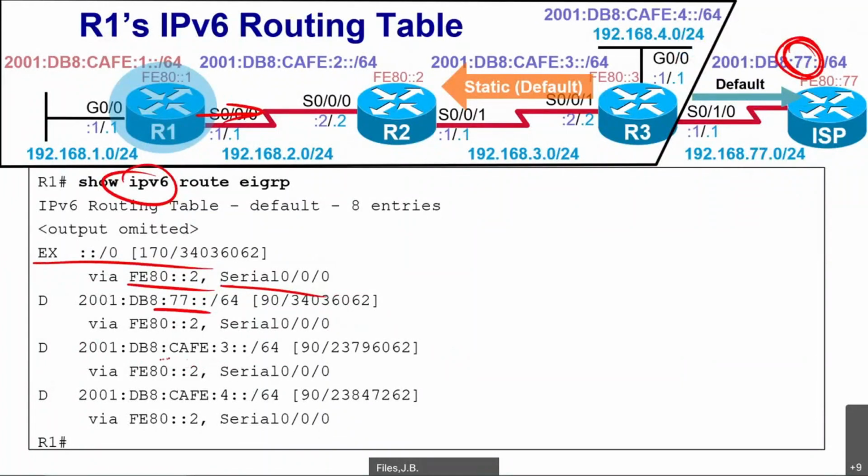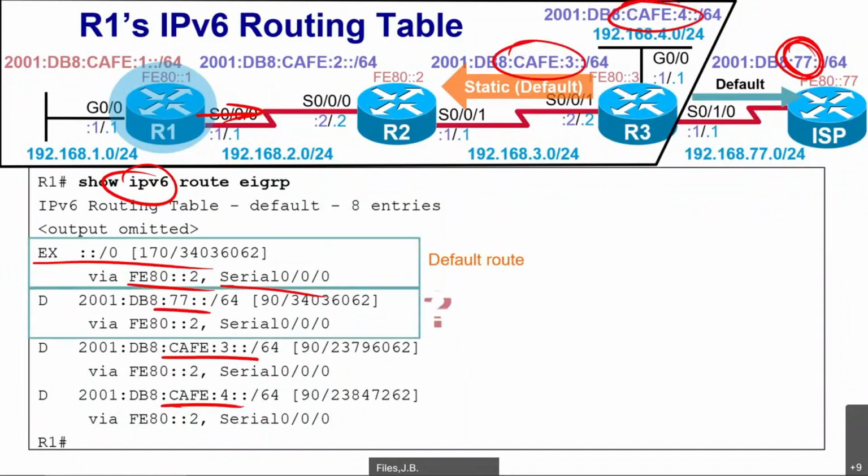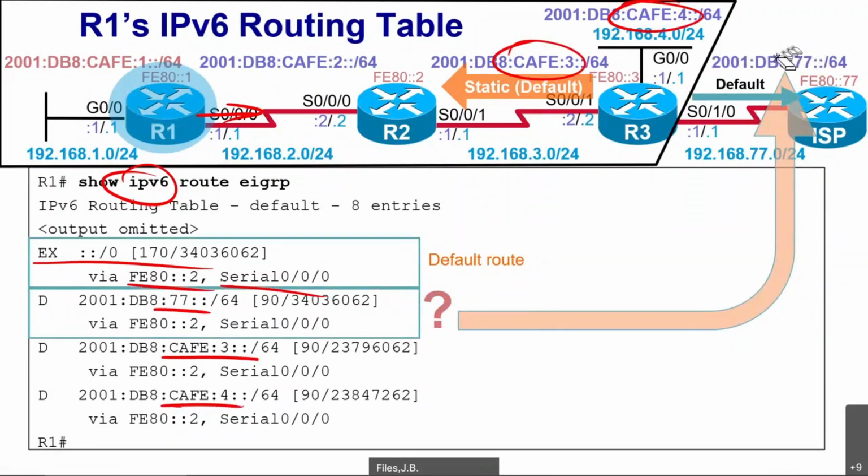The Cafe 3, which is over there, Cafe 4 over here. Now notice we do have that one. Why are we seeing that route? Keep in mind, we did not see that route in IPv4. So why are we seeing this one being advertised over here on R1?